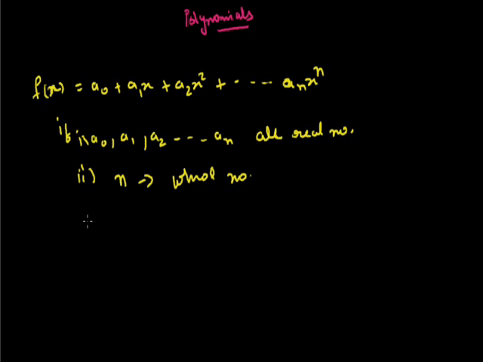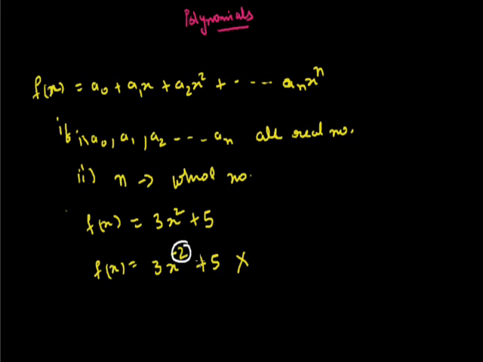For example, if we are given a polynomial f(x) equals 3x square plus 5, this is a polynomial in x. But if we are given an algebraic expression f(x) equals 3x to the power minus 2 plus 5, then it is not a polynomial because the power of x is here minus 2, which is not a whole number.